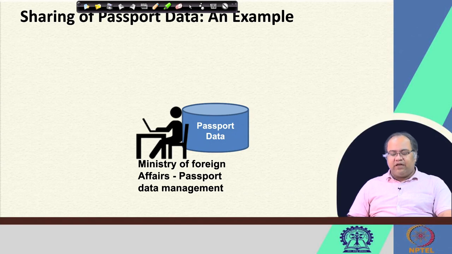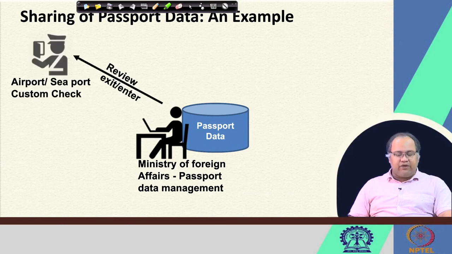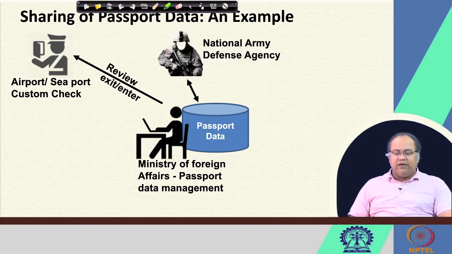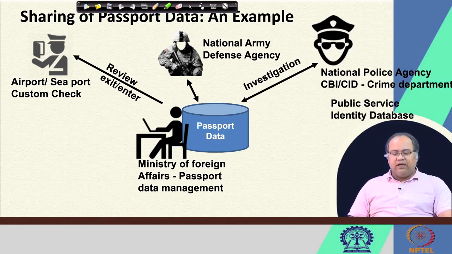Typically, the Ministry of Foreign Affairs has a passport data management system which ideally contains the passport data. But then whenever you go to the airport to travel to another country, you go through the customs check, which keeps a copy of your passport data. Then the National Army Defense Agency sometimes asks for the citizen's passport to keep the data, to differentiate a citizen from an imposter or an unauthenticated person.